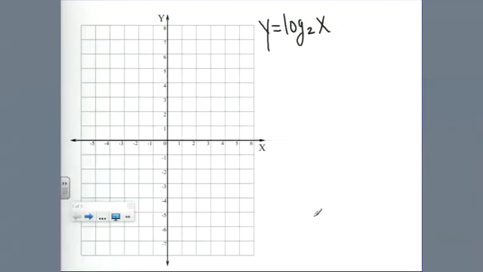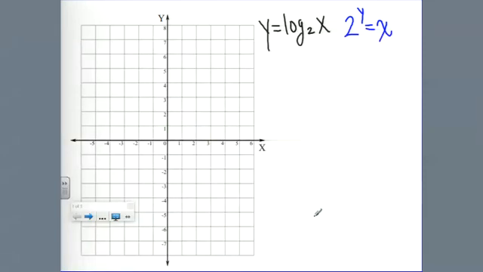To graph this by hand, we need to convert our log function into exponential notation. So our base is 2, our exponent is y, and that's equal to x.